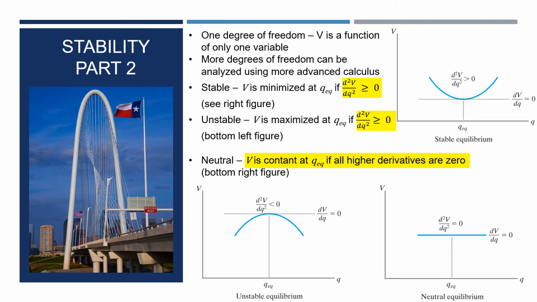So, for example, an x cubed function is right here. Now, you displace it from equilibrium this way, it will accelerate back. But then it will just keep going. That's why all higher derivatives have to be 0 for neutral equilibrium.